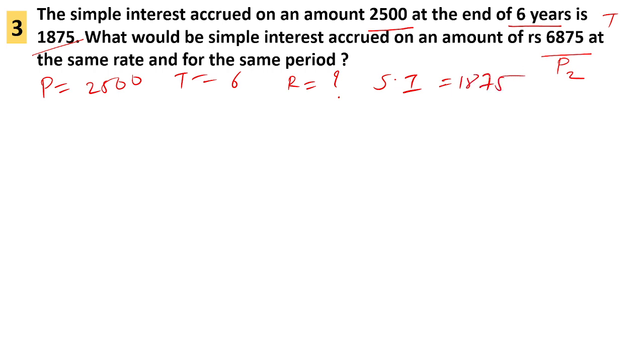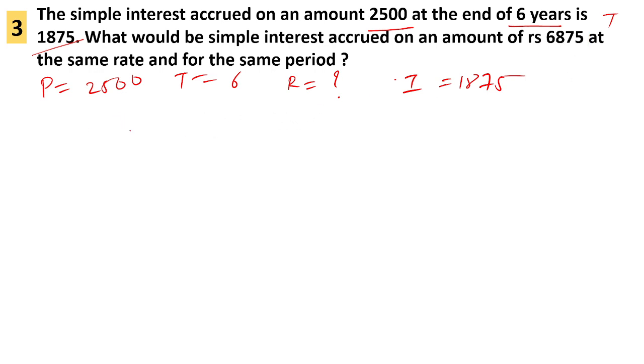They are asking us to find the simple interest on this amount using the same rate and same period. So first we have to find the R and just use this R and T to find the simple interest on this.